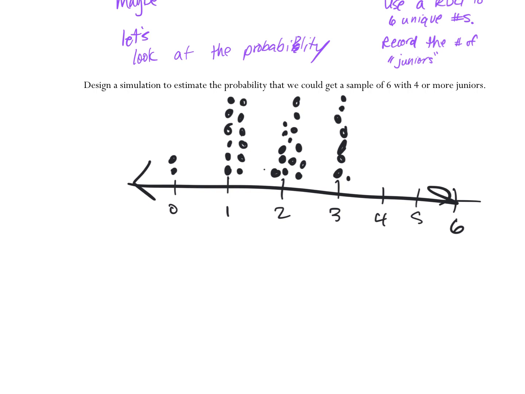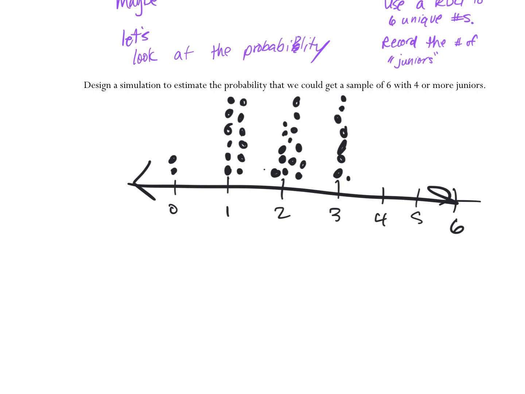So, here's the deal. When it comes to this concept of simulation, I'm going to expect one of 2 things from you guys. The first one is, if I give you the results, whether it be like this graph or the previous graph, can you figure out what the probability is?